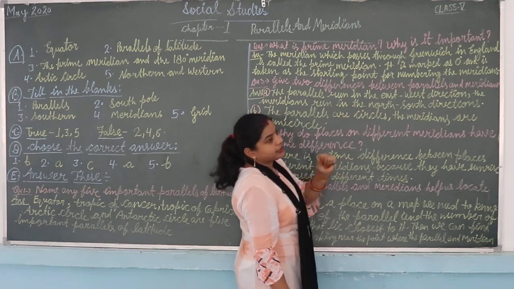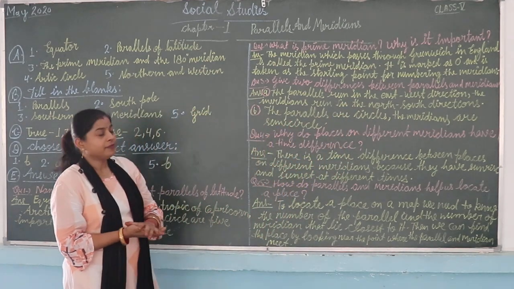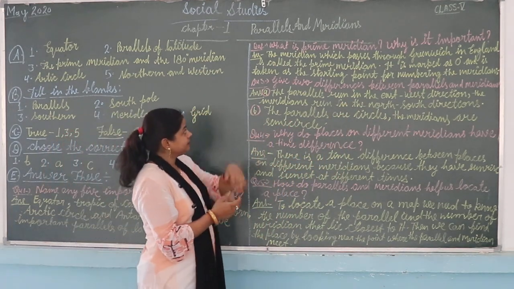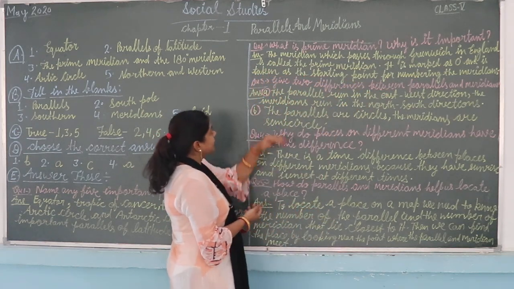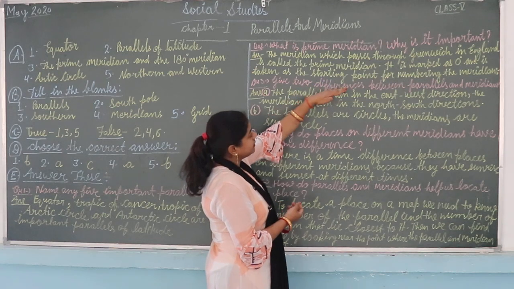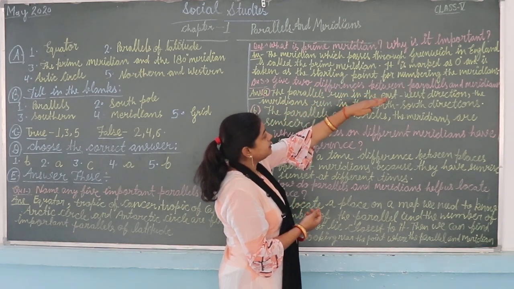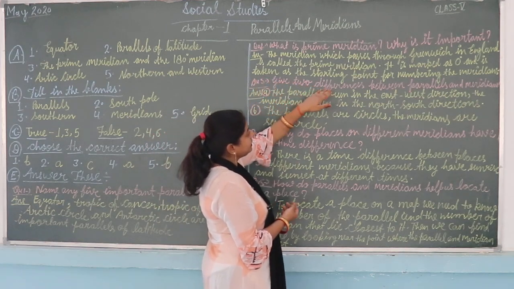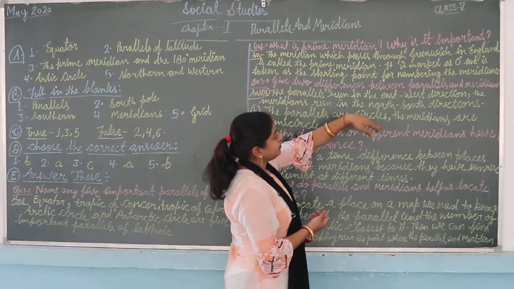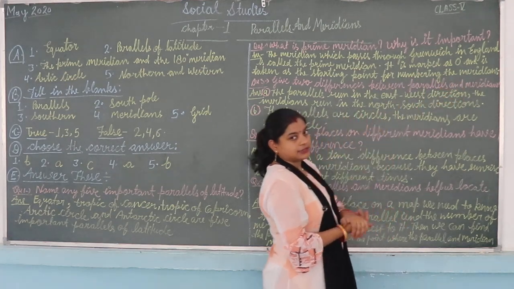Why is it important? The prime meridian which passes through Greenwich in England is called the prime meridian. It is marked as 0 degree and is taken as the starting point for numbering the meridians.